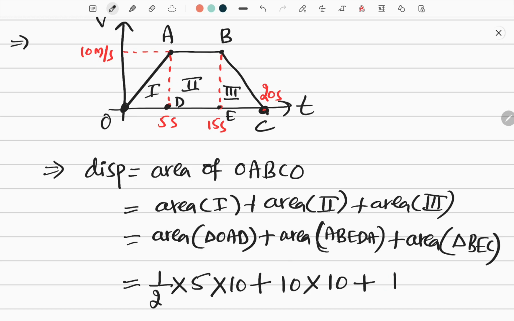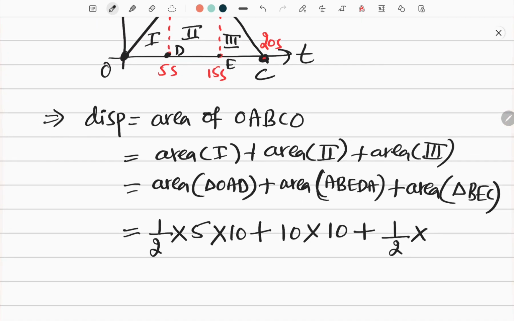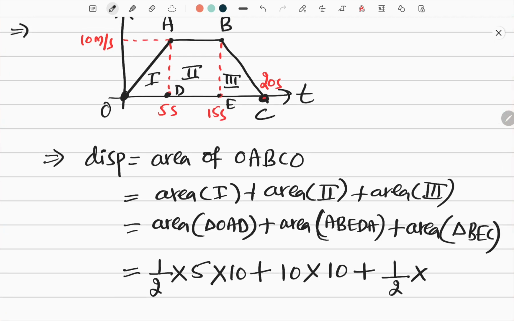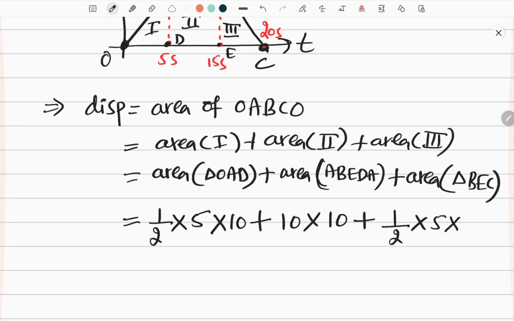Plus the area of triangle BEC, which is half into base into height. The base is EC, 15 to 20, which is 5. The height is EB, which is also 10.